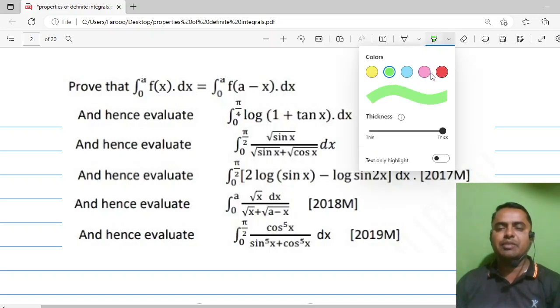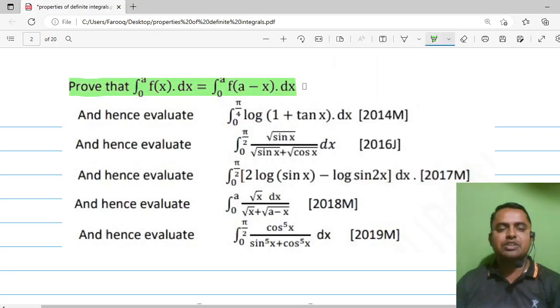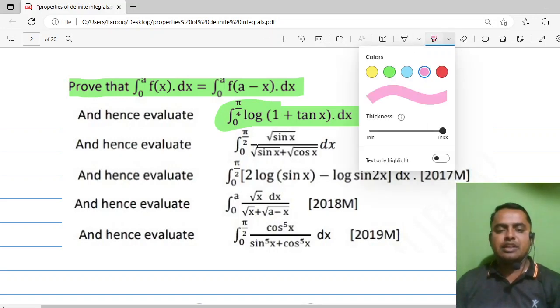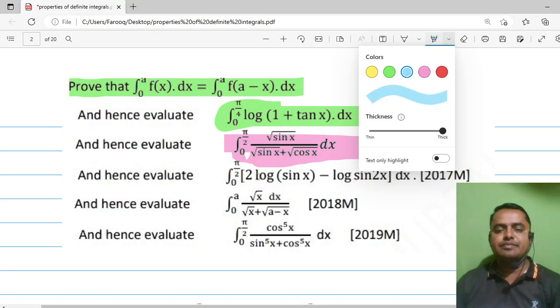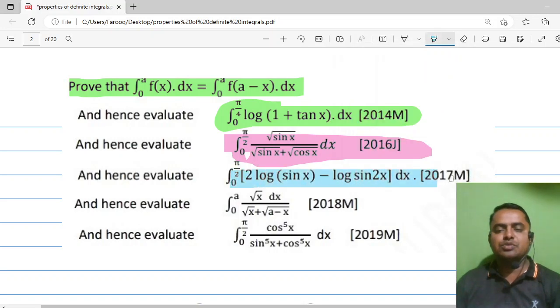See here how the question will be asked. Prove that integration of 0 to a f of x dx is equal to integration of 0 to a f of a minus x dx, and hence evaluate any one problem will be asked. This question, proof of property and problem, has been asked in March 2014, in July 2016, in March 2017.